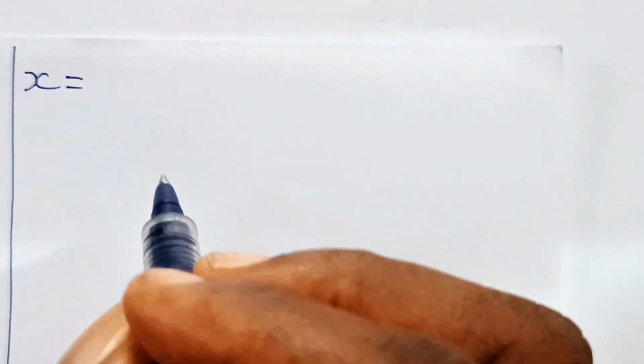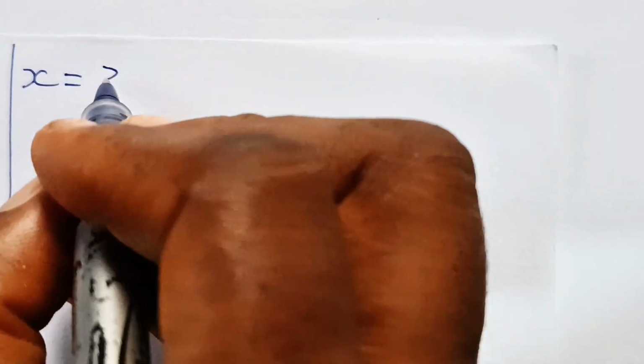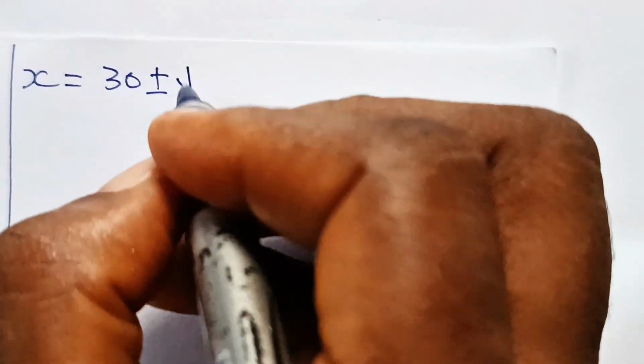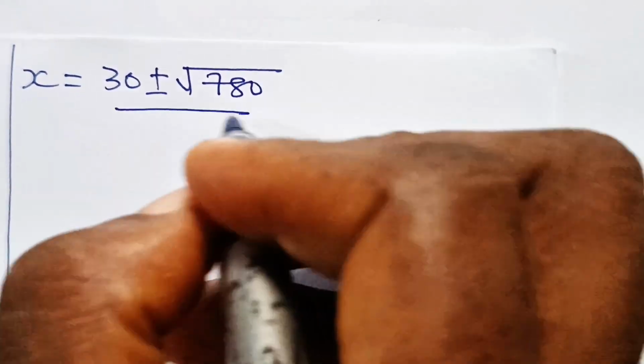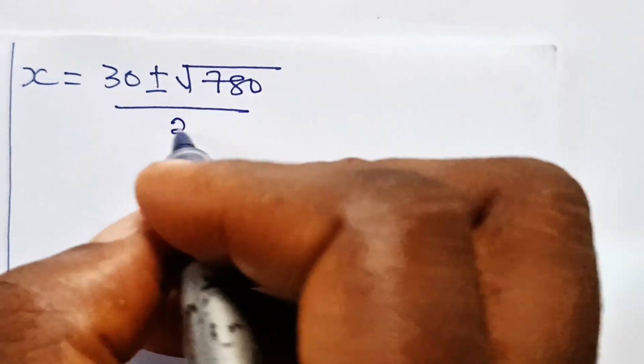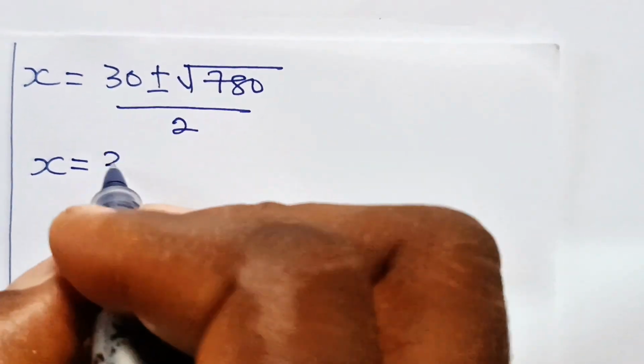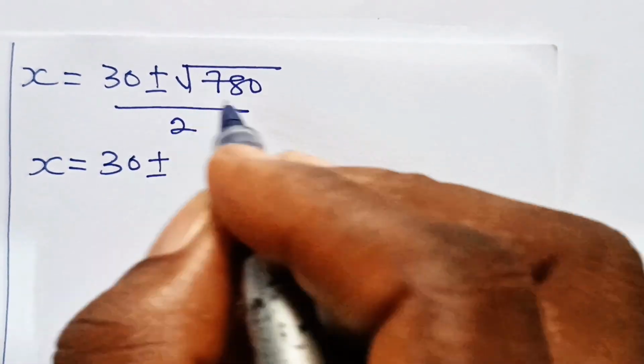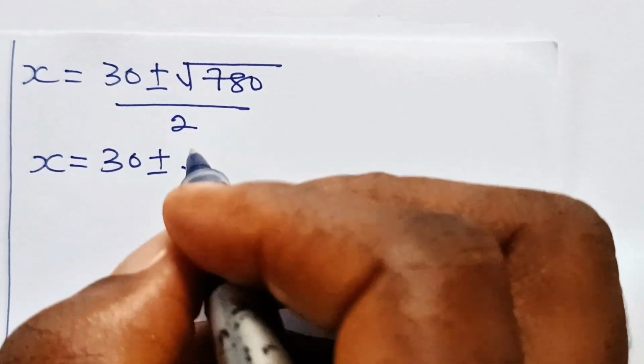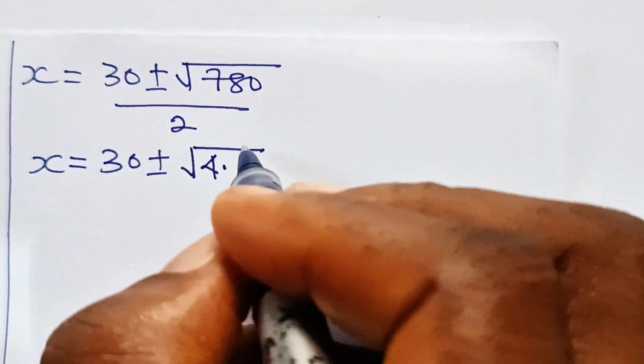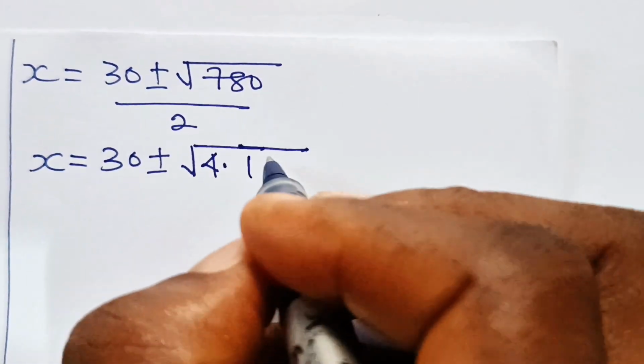Thank you very much. So this is where we are: x is equal to 30 plus or minus the square root of 780, divided by 2. Now remember that 780 is the same thing as 4 multiplied by 195.